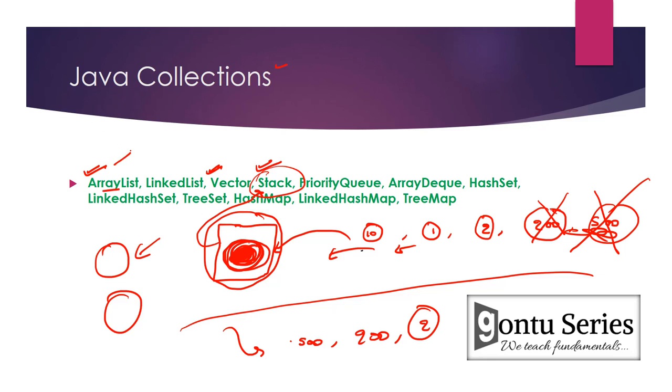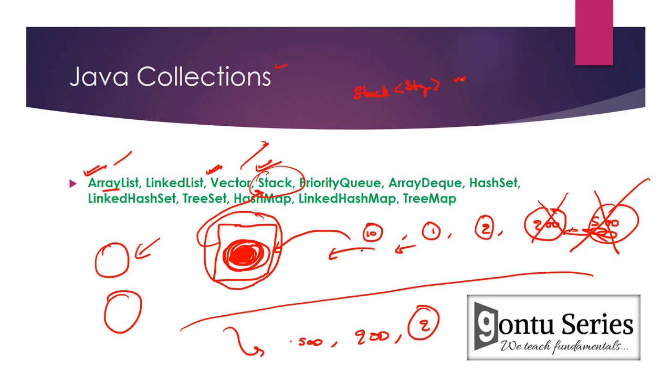So we have seen ArrayList, we have seen vector. Now if we have to make use of a stack, how do we do it? Well, the way is also going to be the same. You use Stack, then specify the type. Let's say you are using it for storing string elements.